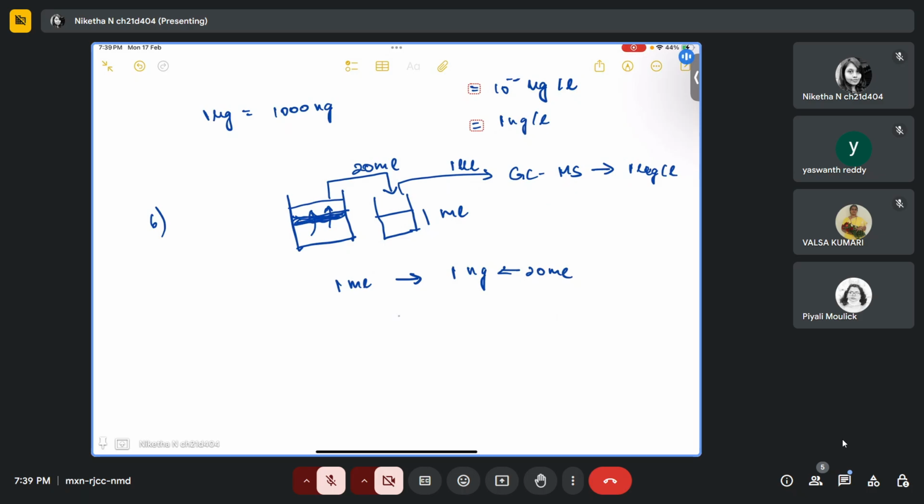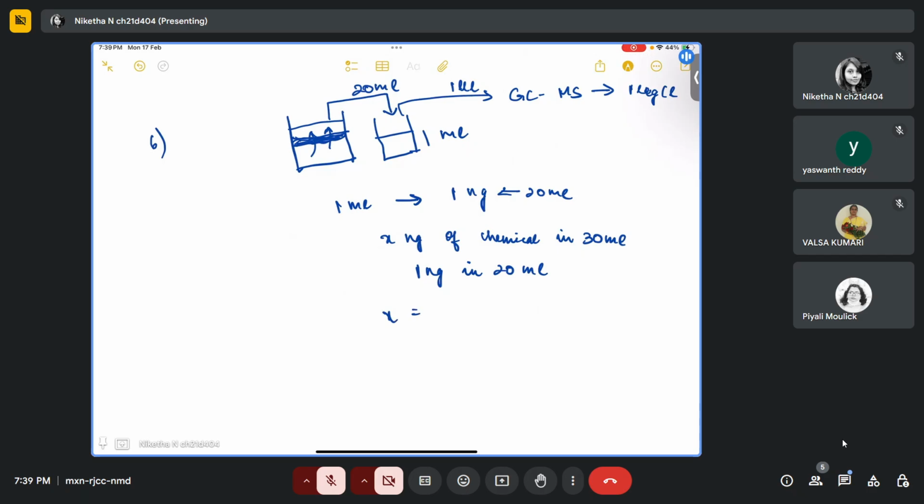So we'll just do a simple cross multiplication. Let's say there is x nanograms of chemical in 30 ml and 1 nanogram in 20 ml.